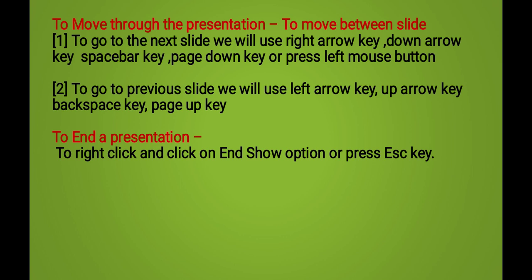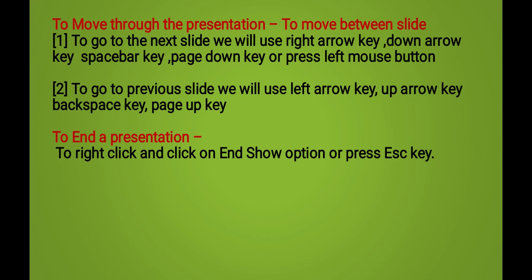To move through the presentation during a slideshow, how can we move between the slides? To go to the next slide, we use the right arrow key, the down arrow key, the space bar, the page down key, or we can use the left mouse button. When we click the left mouse button, the slide will move to the next slide. We can also set the automatic option.